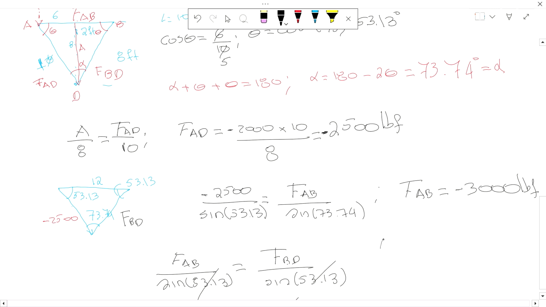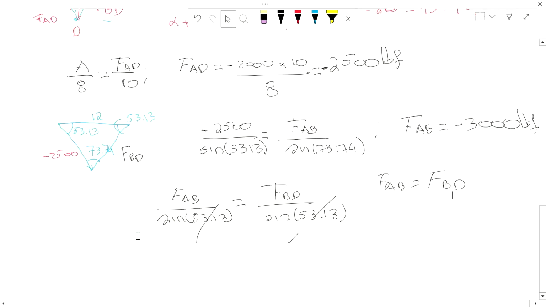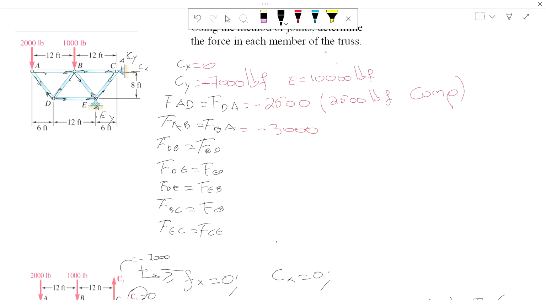Cancel, cancel, meaning that F A to B is equal to F B to D. That is very good, because we already have A to D. Sorry, we already have F A to D, and F A to D was negative 2,500.